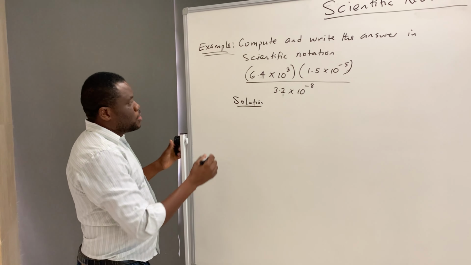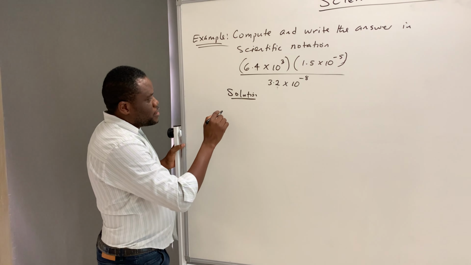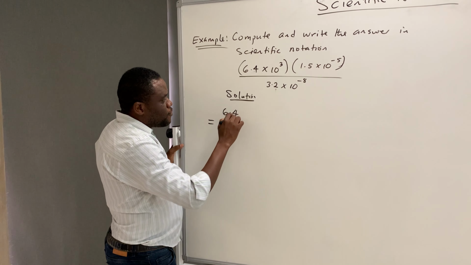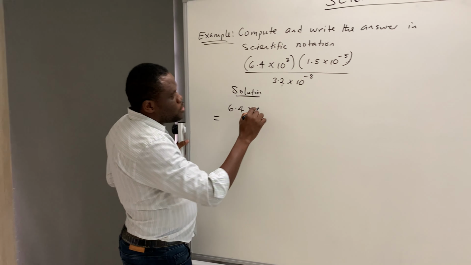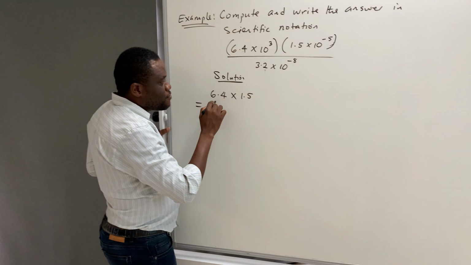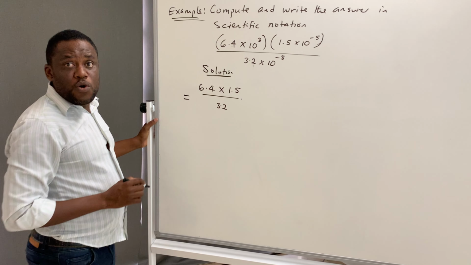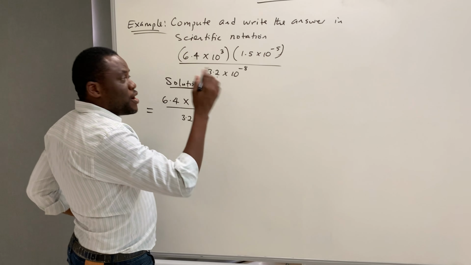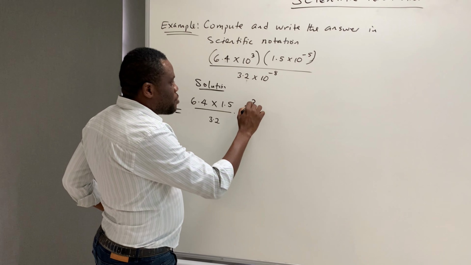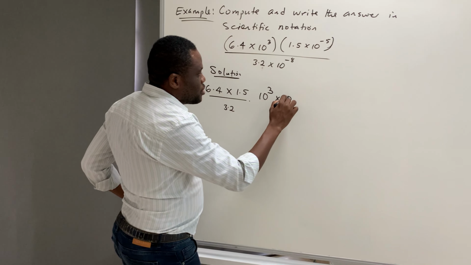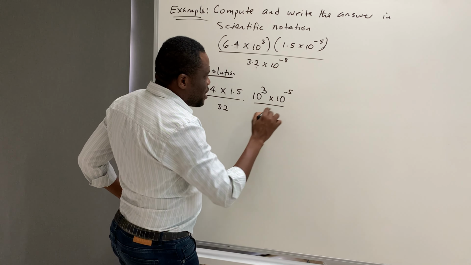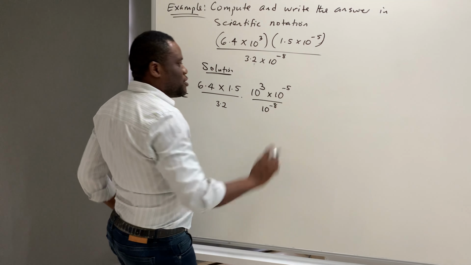That is 6.4 times 1.5 divided by 3.2. These are the whole numbers. Now the other numbers: 10 to the power of 3 times 10 to the power of minus 5 divided by 10 to the power of minus 8.